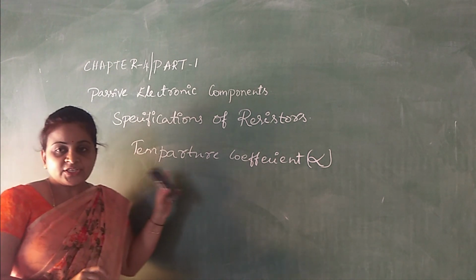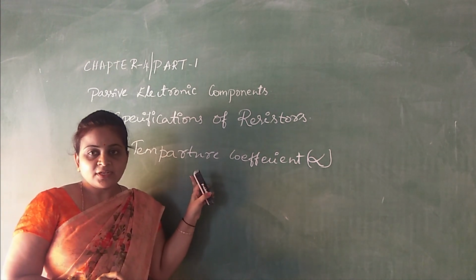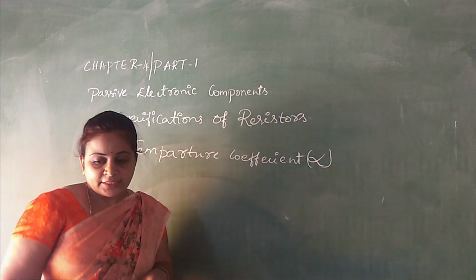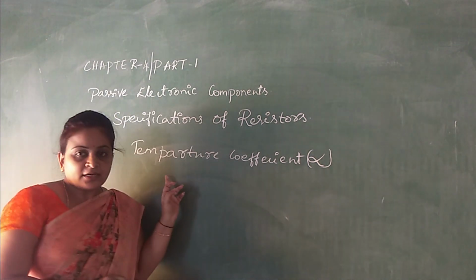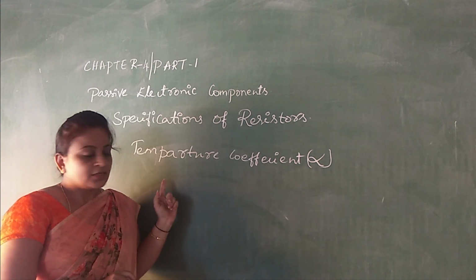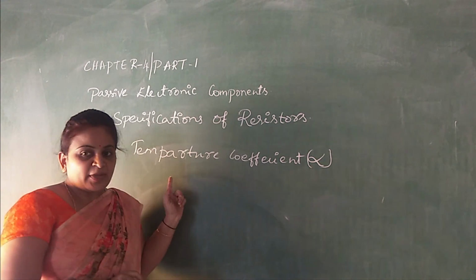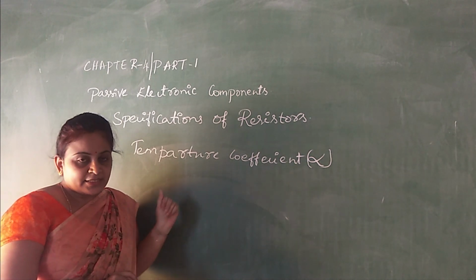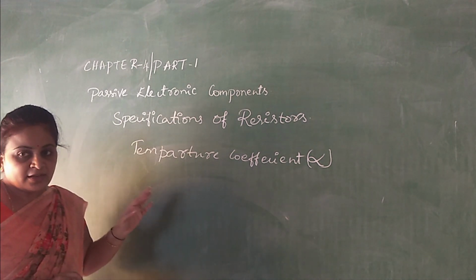Whenever the temperature changes, the resistance of the material also changes. With respect to conductor, when the temperature increases, resistance also increases. Whereas in case of semiconductor, when temperature increases, resistance decreases.